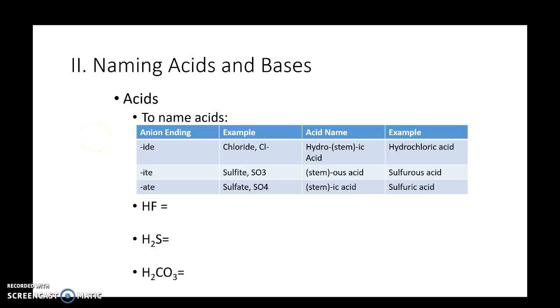If it is not polyatomic, so it's just your basic anion, then you're going to use this first way to name it. So for example, if we go with our first example here of HF, because the fluorine is not polyatomic, we would call this hydrofluoric acid.